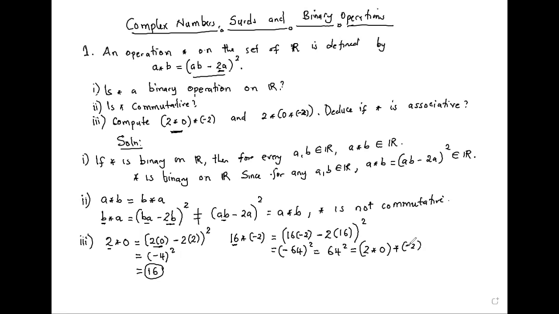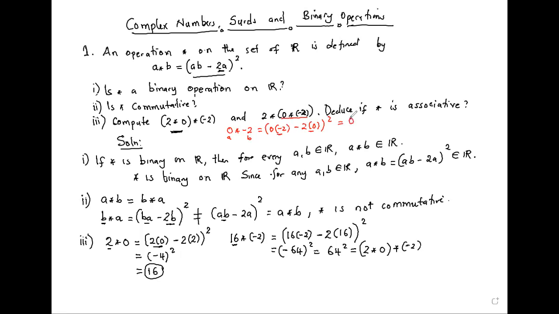Now we want to do 2 star, and we'll start with 0 star negative 2. So we say 0 star negative 2. This is like A, this is B. So it will be 0 times minus 2, minus 2 times 0. Then we square. So that will be 0 squared, we get 0.